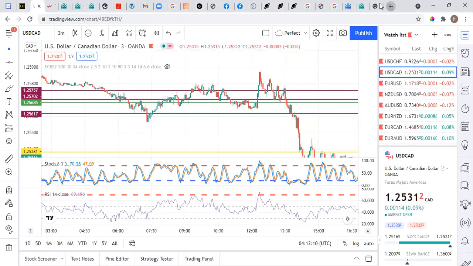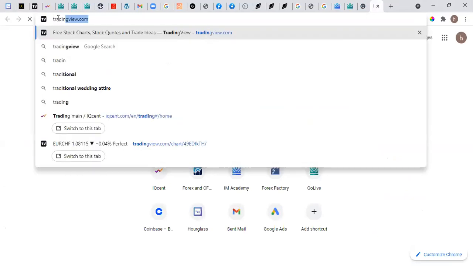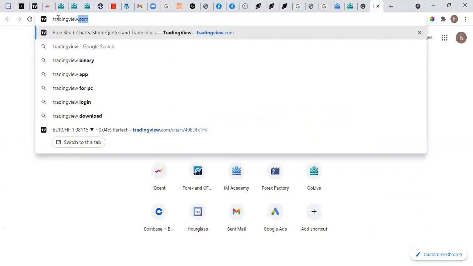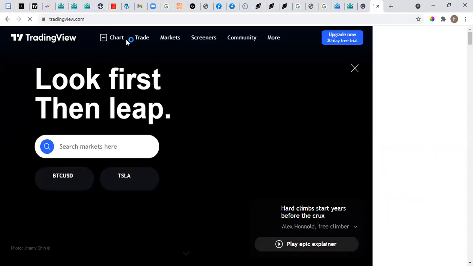Open another tab. TradingView.com. So you can get registered in no time.